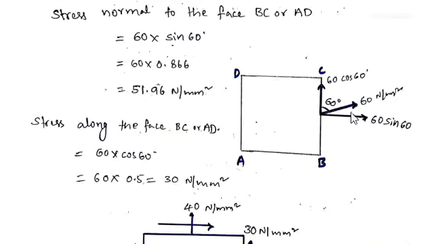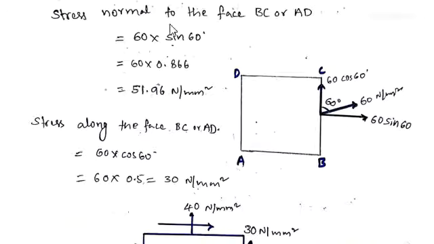So here, when you resolve this inclined stress which is given at 60 degrees with this BC in this direction, this component is the perpendicular component, and this will become the sine component, and this will become the cos component because it is adjacent. The value of this stress is given as 60 and the angle is 60, so you will get this perpendicular component as 60 sine 60.